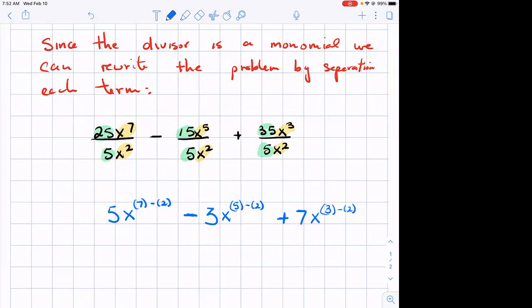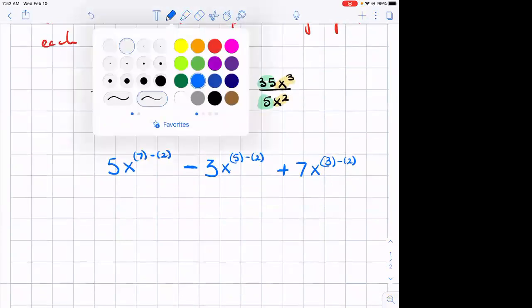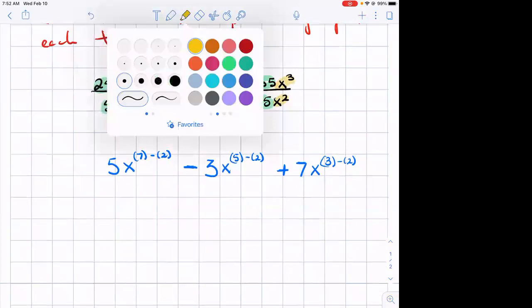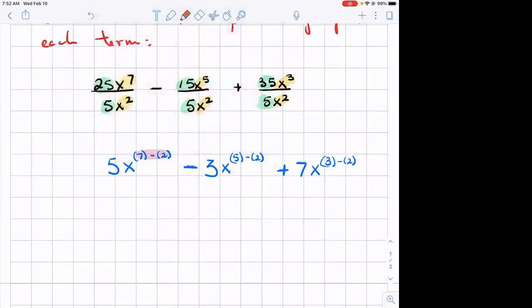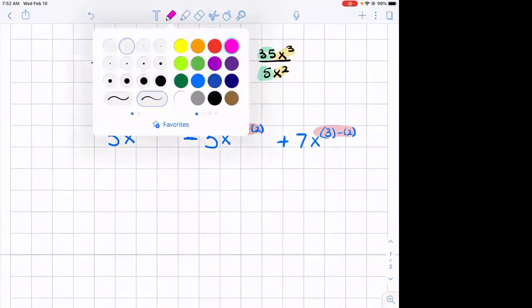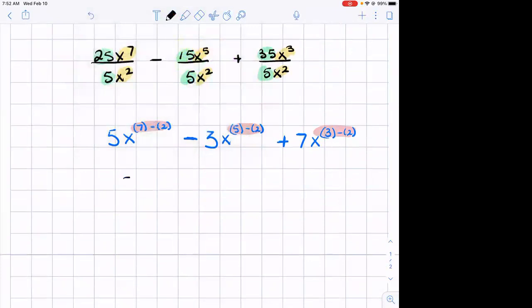Simplifying, we have 5x to the 5th minus 3x cubed plus 7x to the 1.